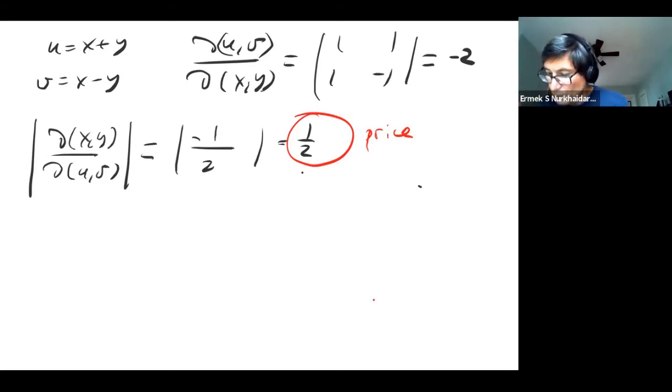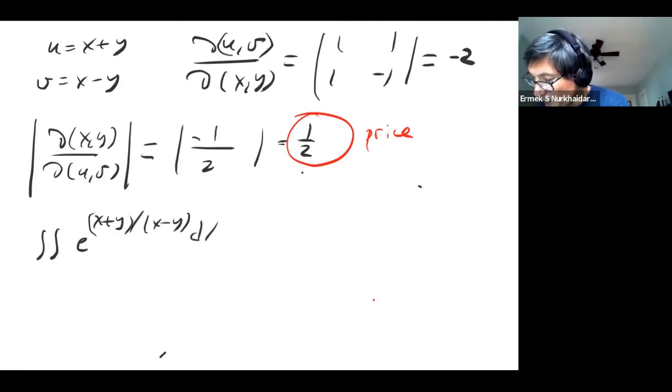And the rest is kind of straightforward because now we're going to have our integral e to the x plus y over x minus y dA. That's our original one.